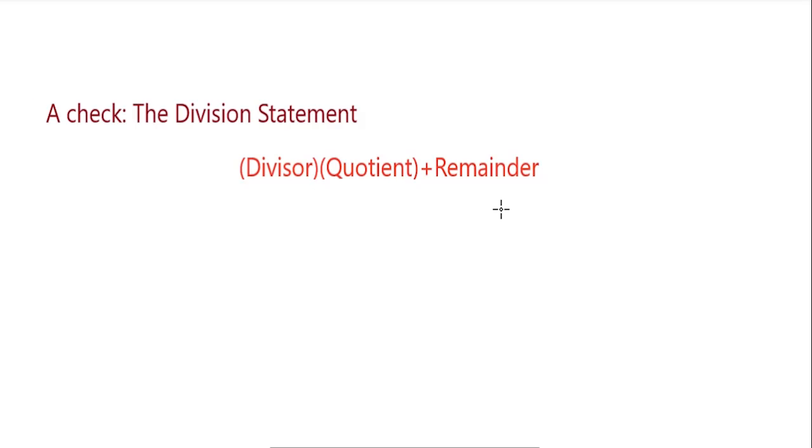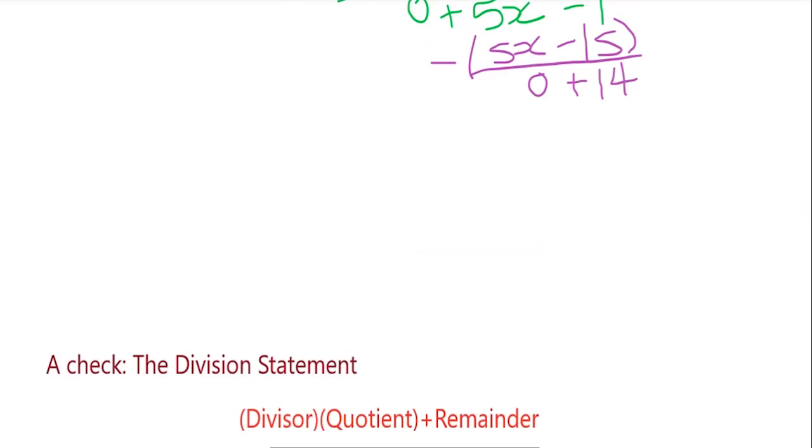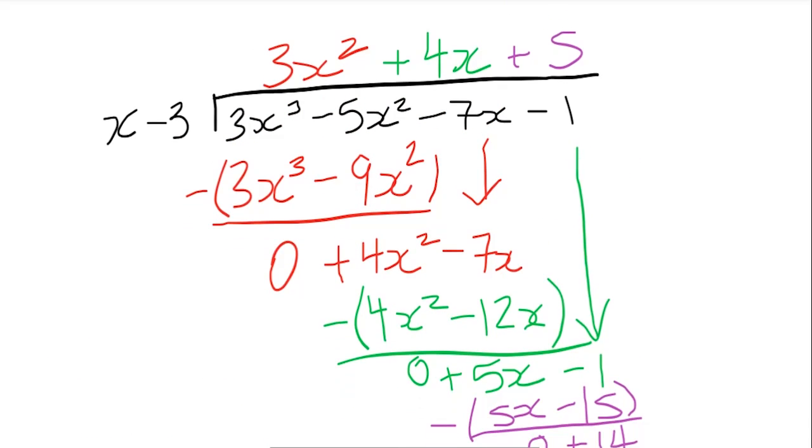It works with polynomials as well. So essentially you would take the divisor, which in this case is x minus 3. You would multiply it by your quotient, which is 3x squared plus 4x plus 5, and you would add the remainder. And what you would get is your dividend, what you started off with. So that's just an easy way to check if you've done it properly.